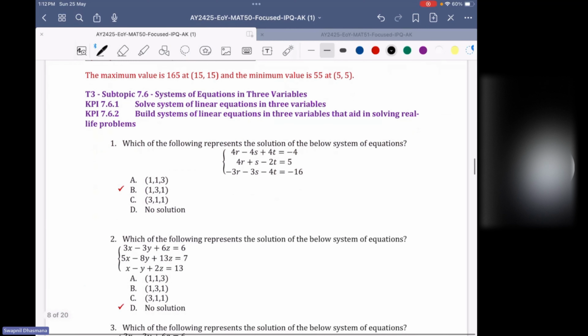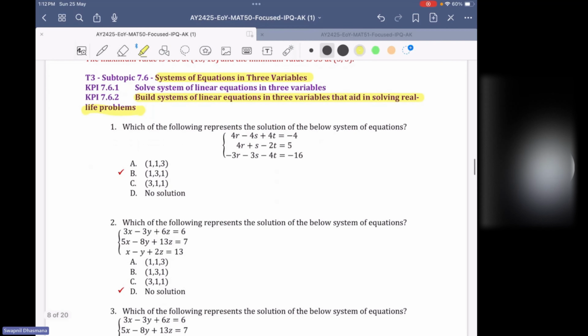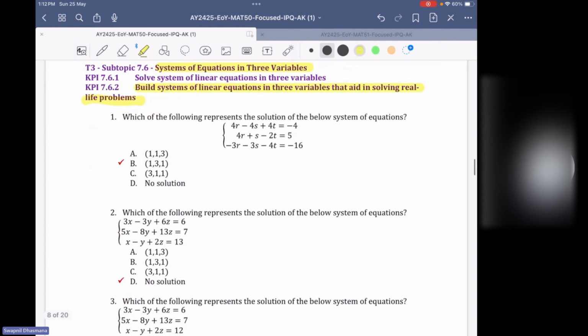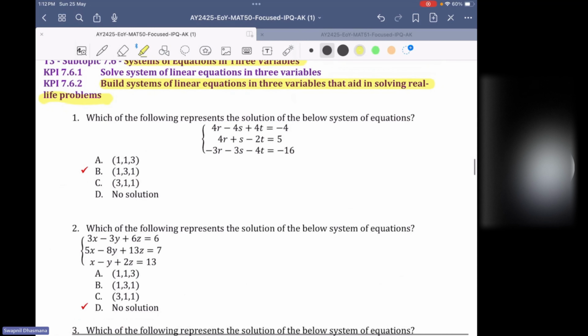It's the same example. Now, moving on, the learning objective is we have to solve a system of equations in three variables, build equations, then solve real life problems. So these questions, MCQs, you can solve it.